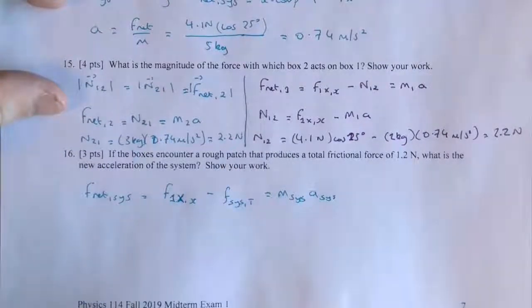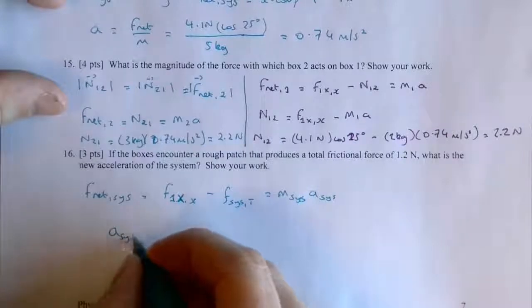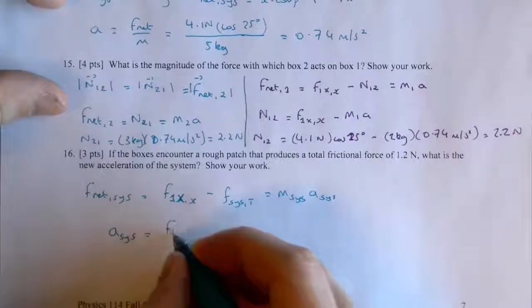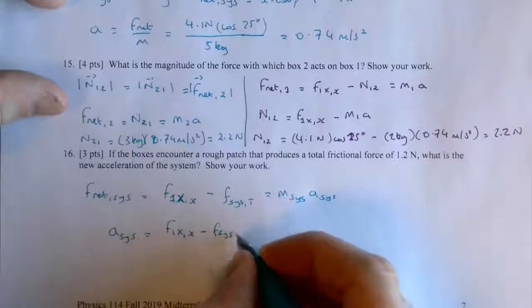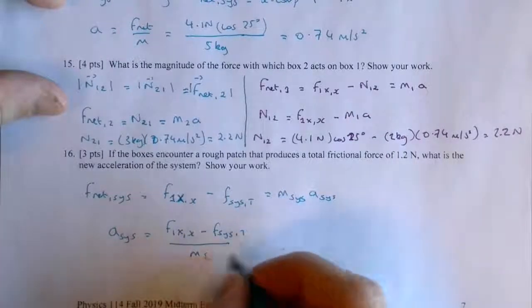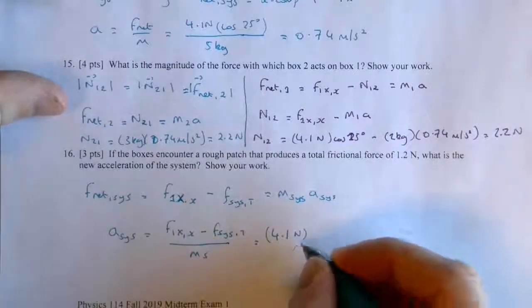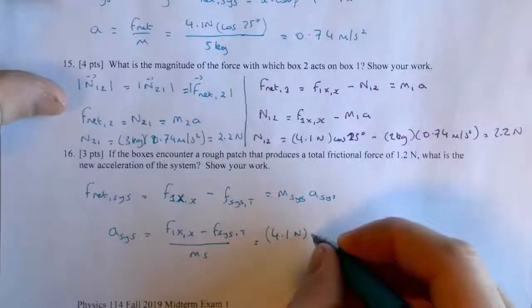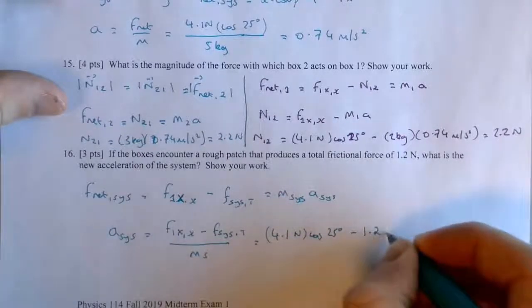So we're trying to find the new acceleration. The A of the system would equal that F1x in the x direction minus the friction on the system, all divided by the mass of the system. So we take that original F1 pushing force in its x component, 4.1 newtons times the cosine of 25 degrees, minus the 1.2 newtons.